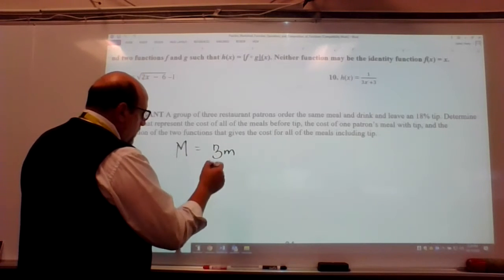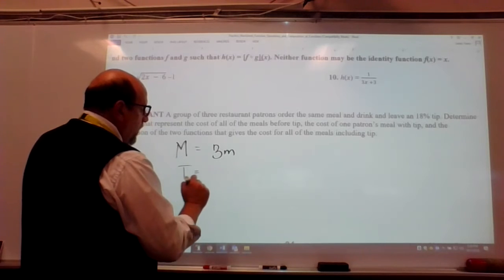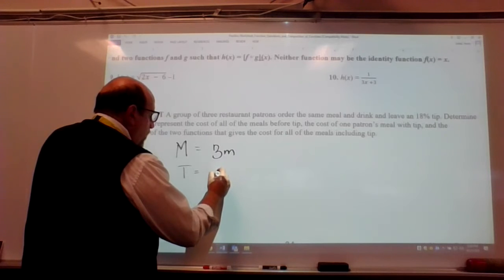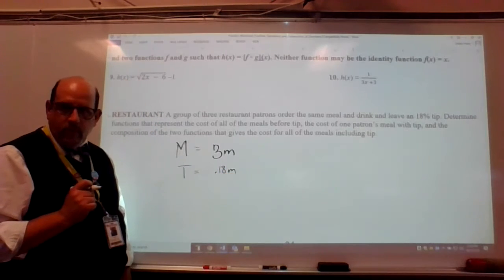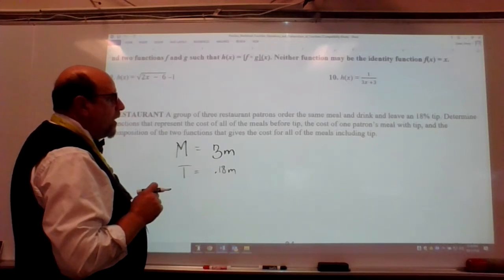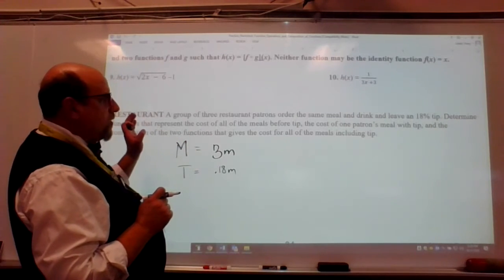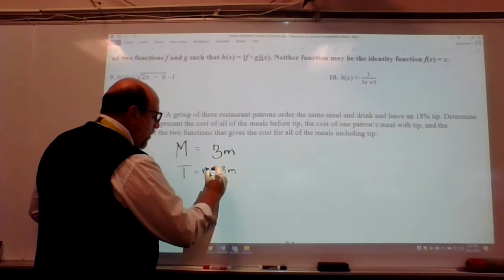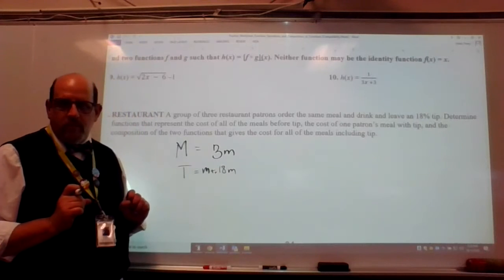And the tip is actually 0.18 m, right? And so we have a little problem here because it gives the cost for all the meals, including tips, the cost of the one patron's meal, m plus 18% of m, right?